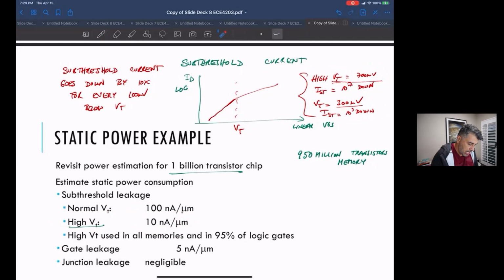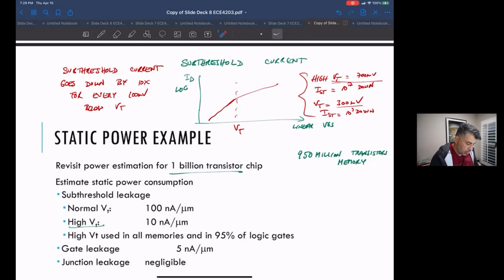So this tells me that the V sub t of high is 100 millivolts higher than normal V sub t, because there's a factor of 10 difference between the two leakage currents.